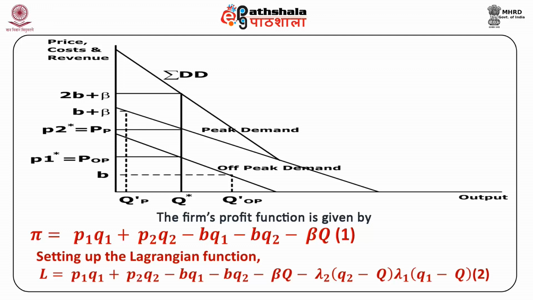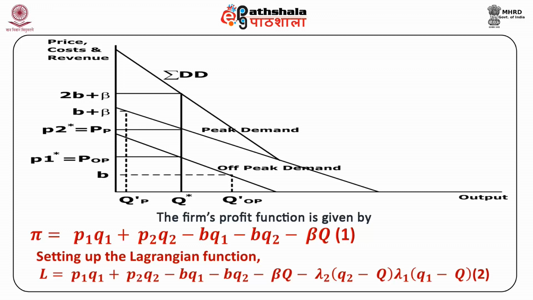Q star greater than or equal to 0, minus beta plus lambda 1 star plus lambda 2 star less than or equal to 0, and Q star into (minus beta plus lambda 1 star plus lambda 2 star) is equal to 0 is our fifth equation.